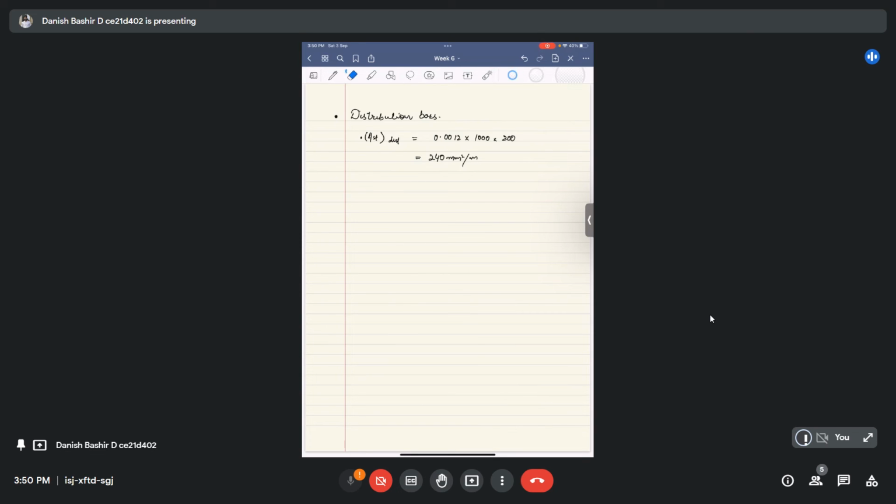So let's assume 8 mm diameter bars. For an 8 mm diameter bar we have to calculate the area of bar AB as pi by 4 of 8 squared. It comes out to be 50.3 mm square.